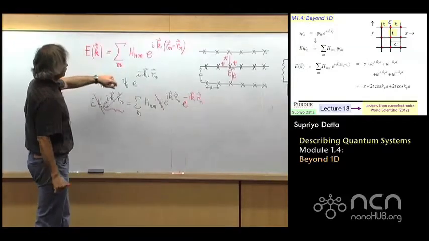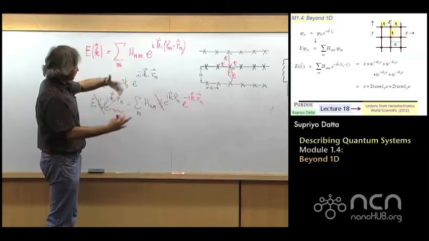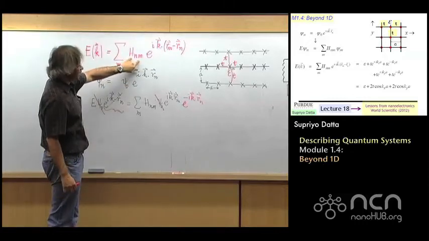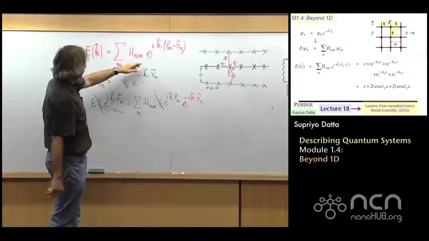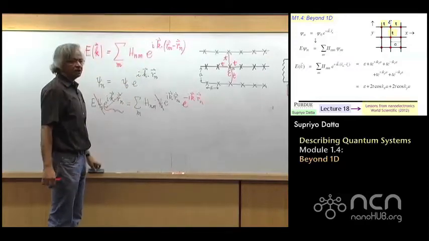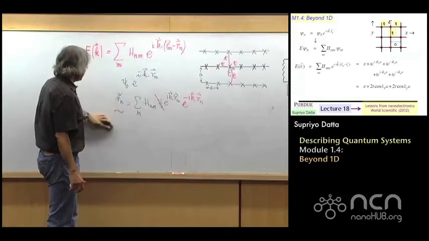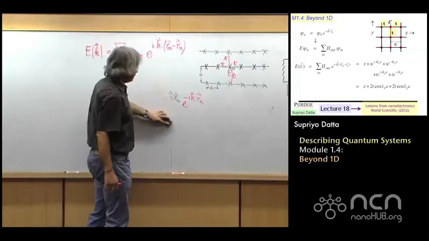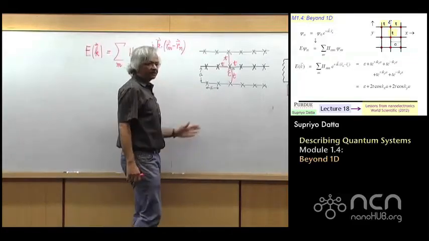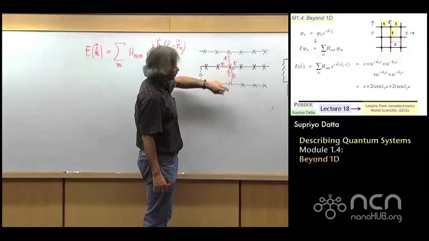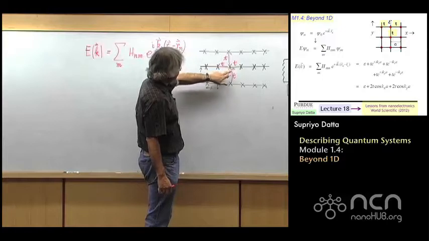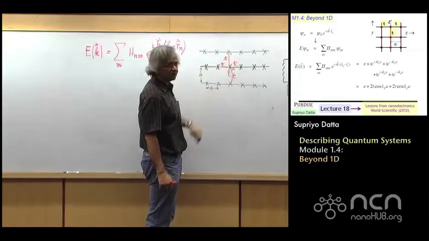And so given any solid, if I'm told these h nm's, then I can just start from here and in this square lattice immediately get the EK relations. So let's see what the EK relation should be for the square lattice, the one that has these nearest neighbor couplings only. There's this epsilon on the diagonal and t corresponding to the nearest neighbors.